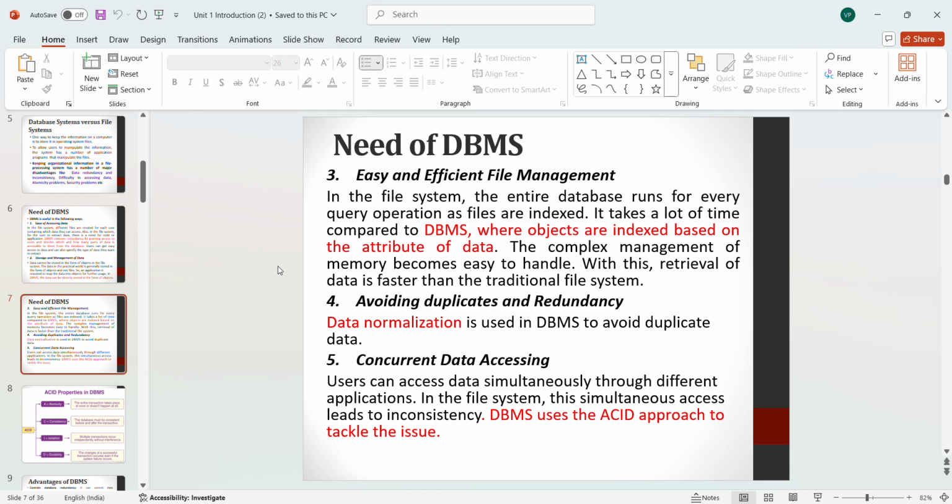Then, avoiding duplicates and redundancy: data normalization is used in DBMS to avoid duplicate data. Then concurrent data accessing: users can access data simultaneously through different applications. In the file system, this simultaneous access leads to inconsistency, while DBMS uses the ACID approach to tackle the issue.